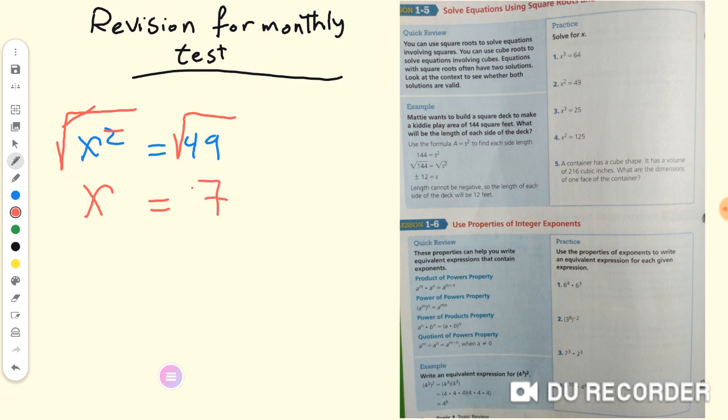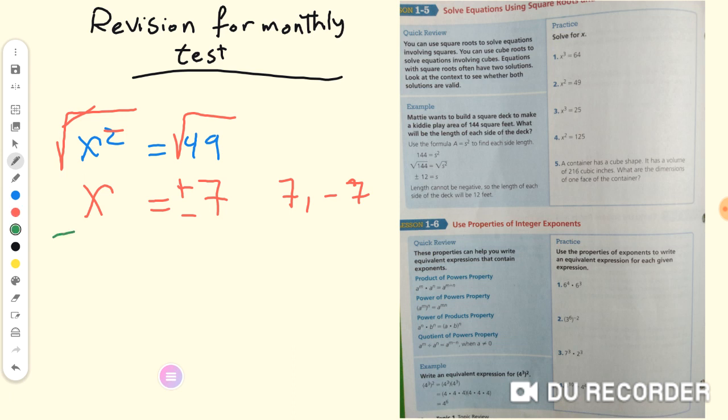But don't forget positive or negative 7, because 7 is accepted and negative 7 is accepted too, okay? In the case of a variable and we take the square root, we should put positive or negative to the last answer, okay? So I have two answers here, 7 and negative 7, to answer for x, okay?